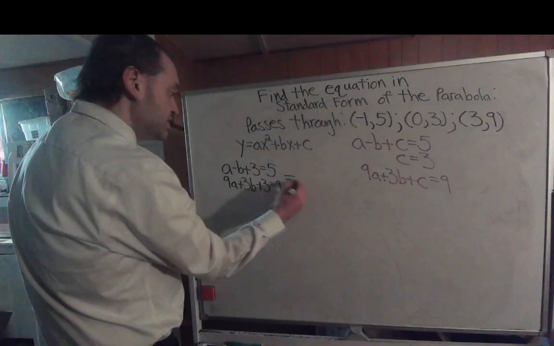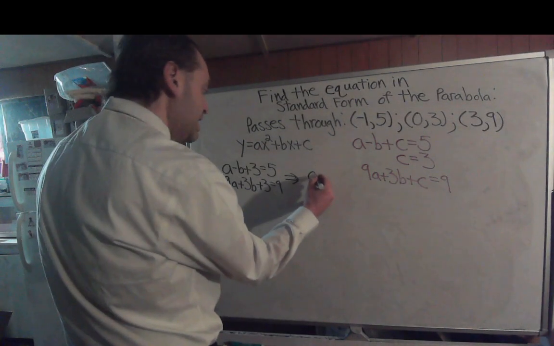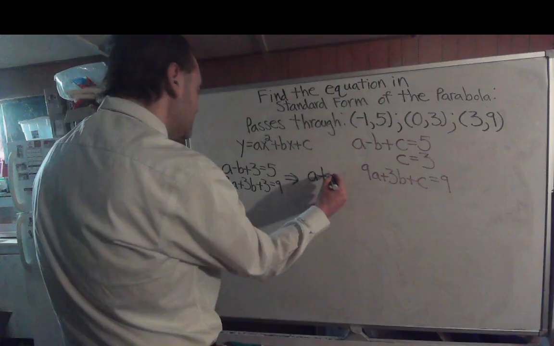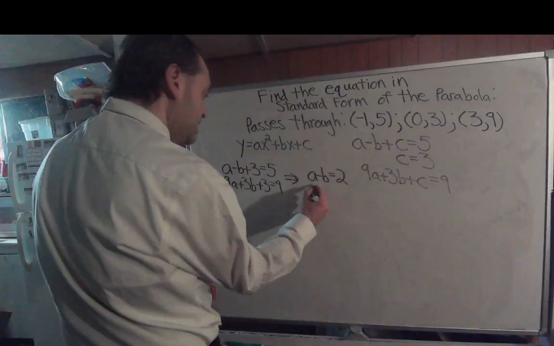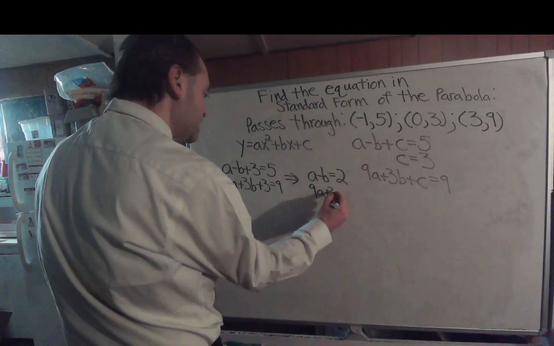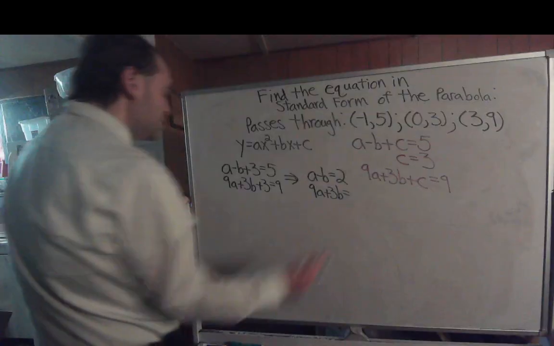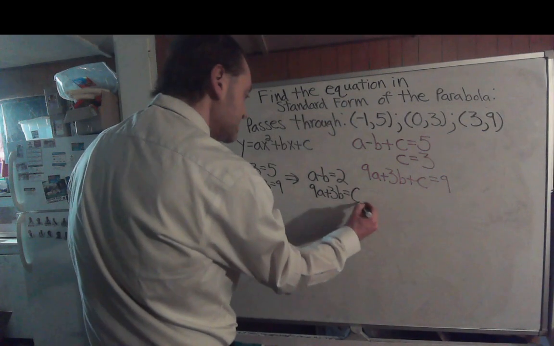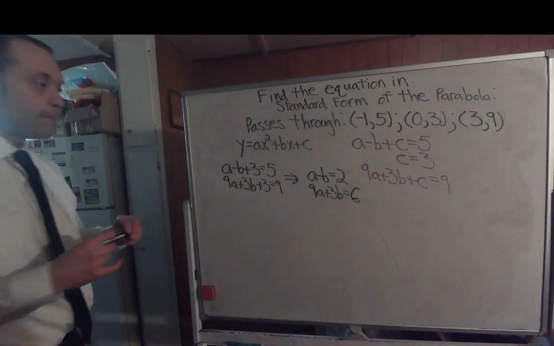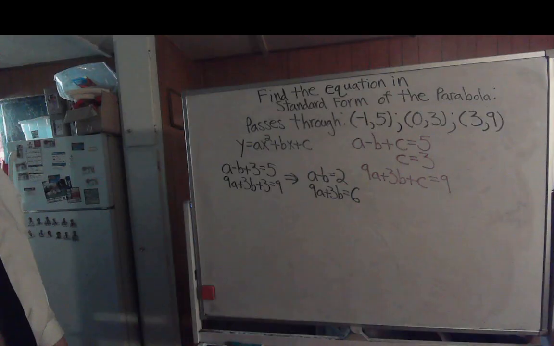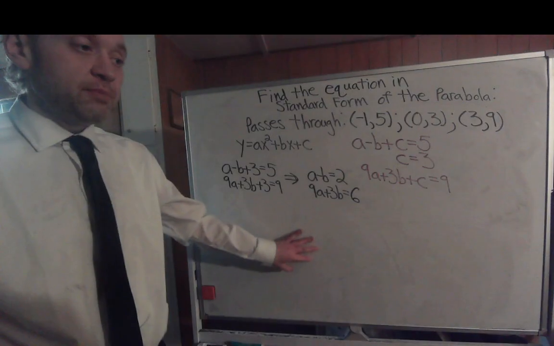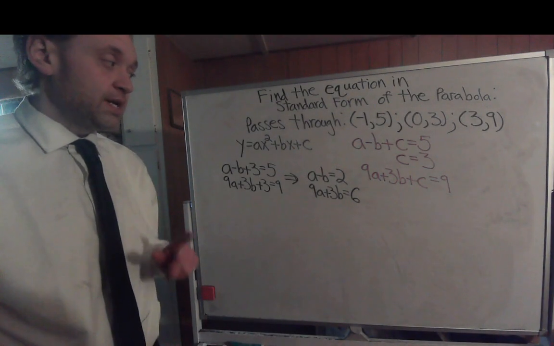So this is going to turn into what? A minus b equals 2. And then 9a plus 3b would end up equaling 6. Well, before we try to do any elimination or any tricks, what do we notice?